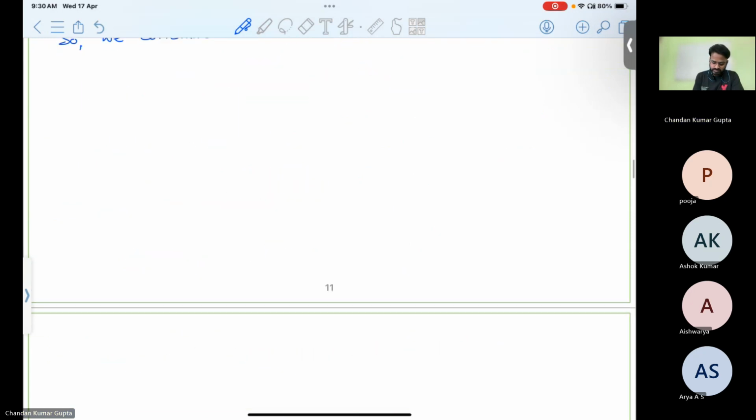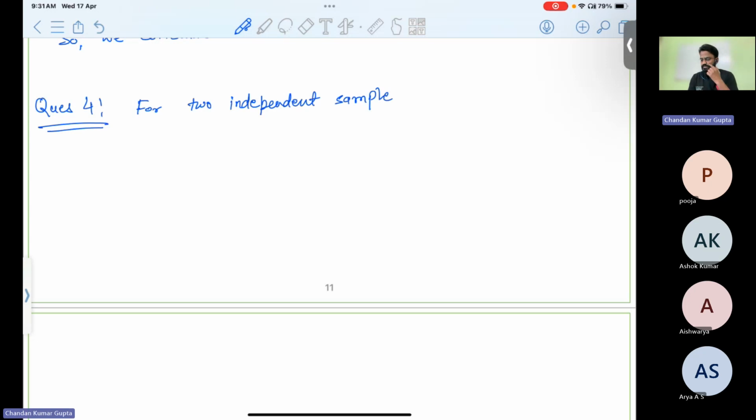The next question is for two independent samples, the following values are given.